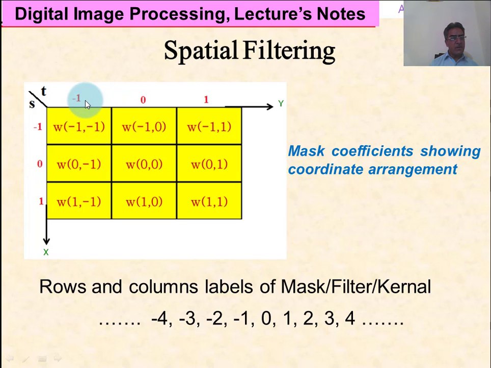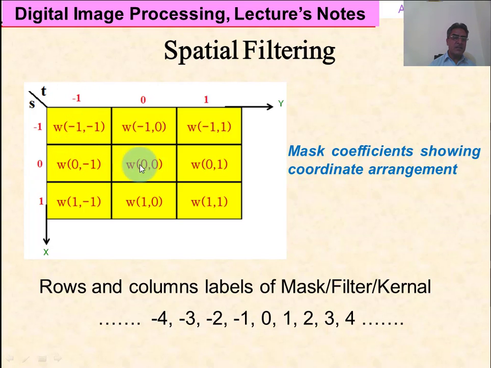From 1 pixel below, we decrement 0 and it becomes -1, and when we increment this 0, it becomes 1, and this creates the column labels of this mask. This is the 0 label column and this is the 1 label column. When we go in the backward direction, it will be decremented and the previous column value will become -1.